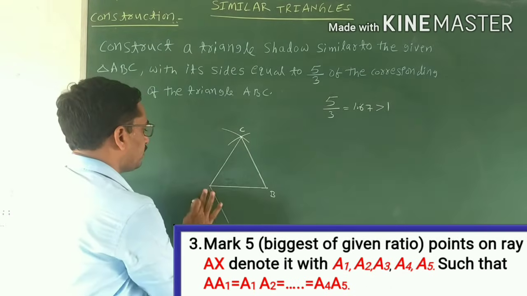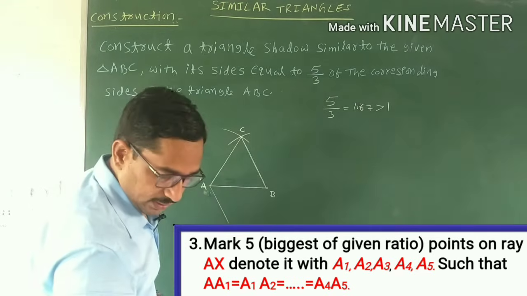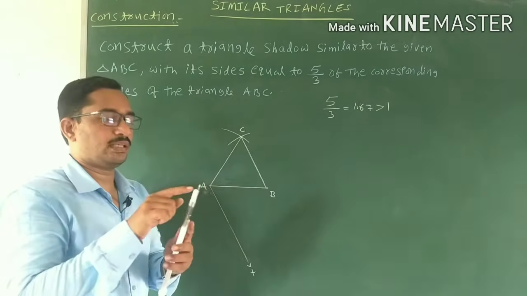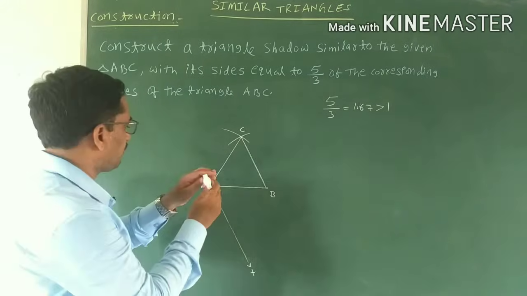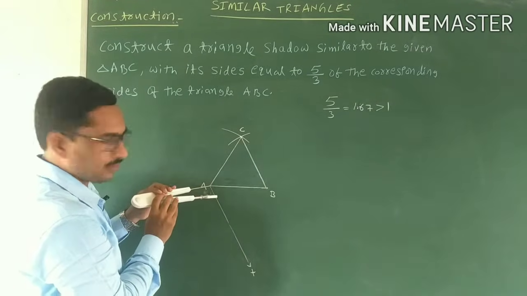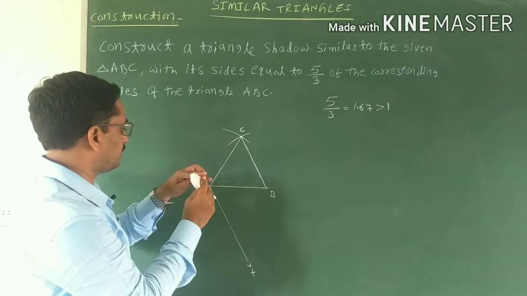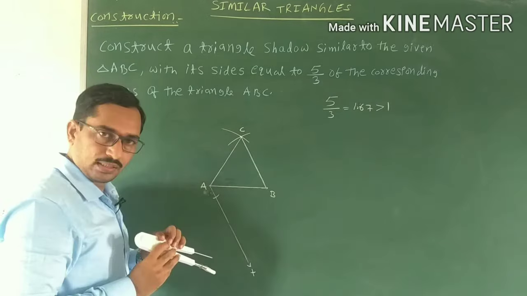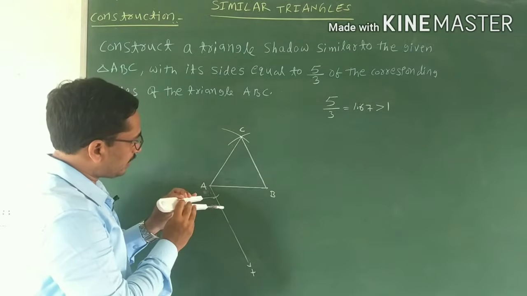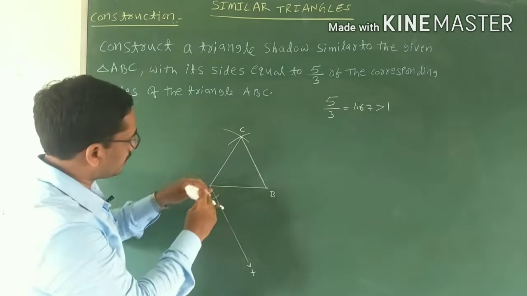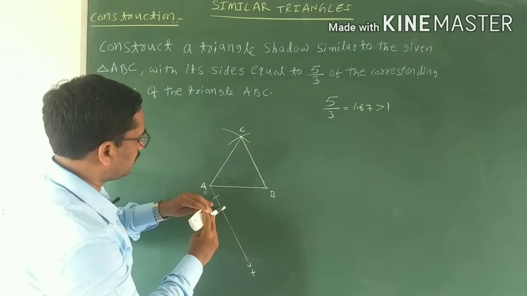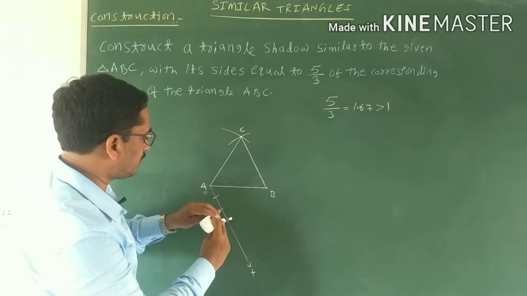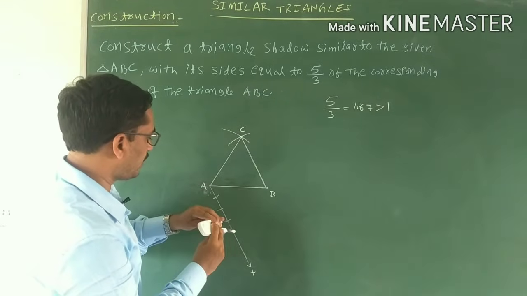See how to locate the points on the ray AX with a compass. Take the center at A, no need to measure the length, and draw an arc. This is the first arc. Again, taking the center at this arc, draw one more arc. By taking the previous arc as a center, draw arcs like this. Draw 5 arcs.